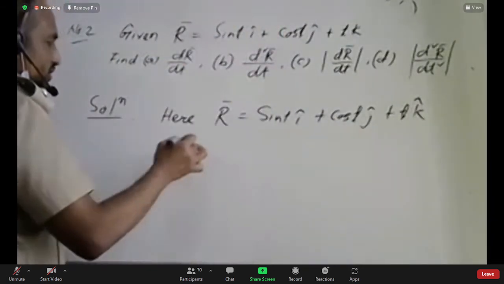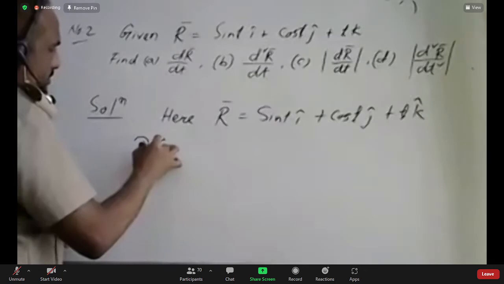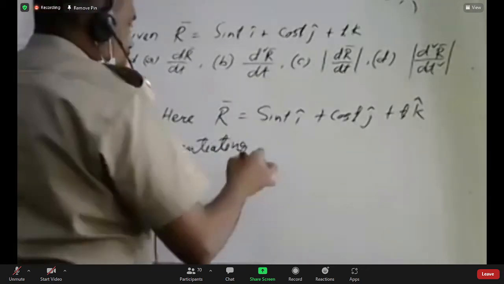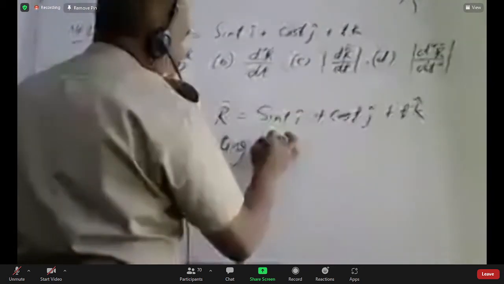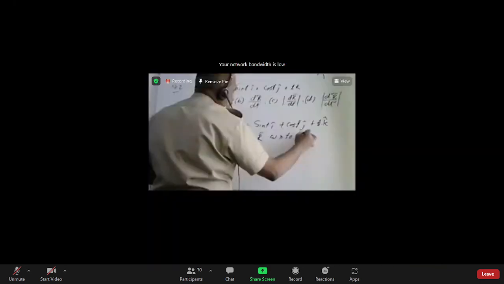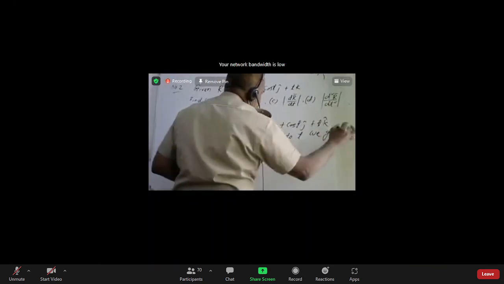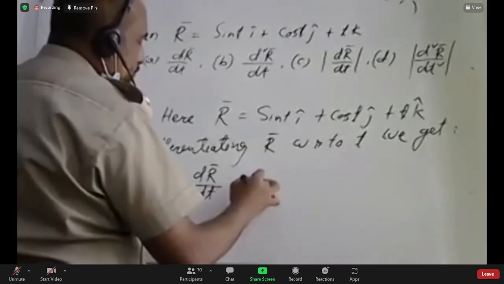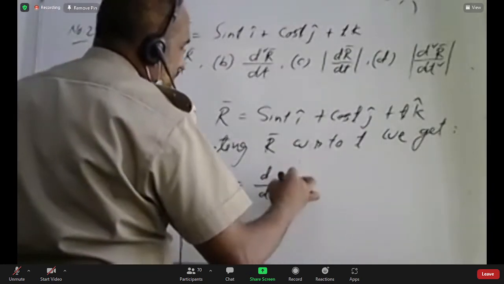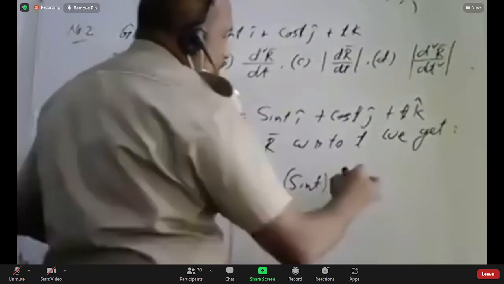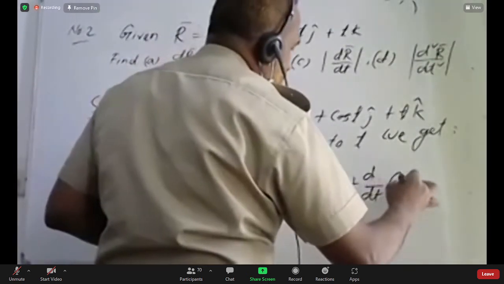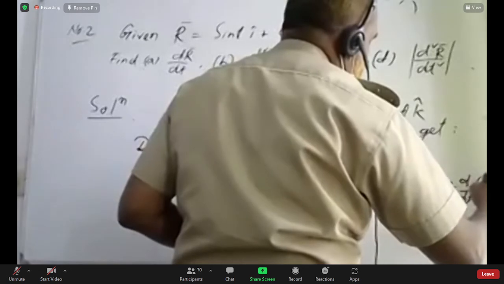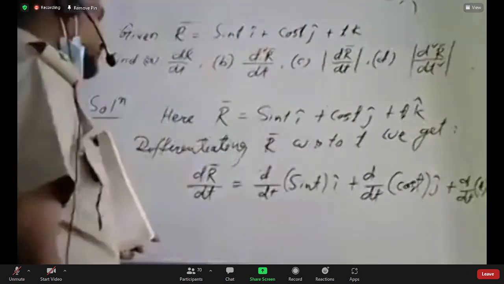So differentiating vector r with respect to t, what do we get? dr/dt. dr/dt is equal to, will be what? d/dt of sin t i plus d/dt of cos t j plus d/dt of t into k.